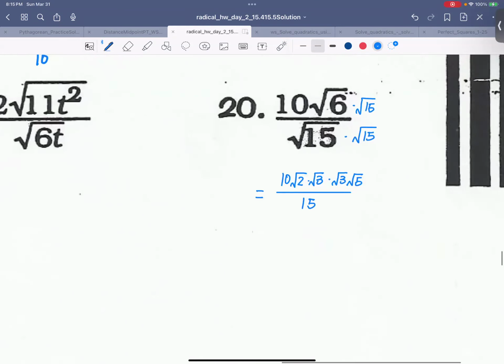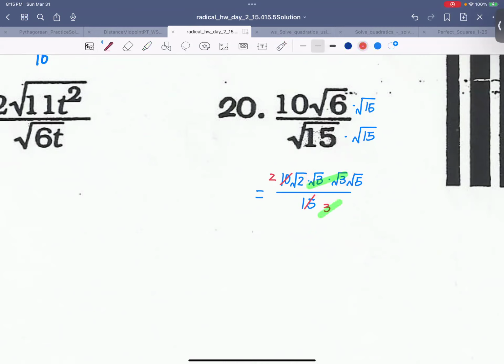And then this 10, look, 10 divided by 5 is 2. 15 divided by 5 is 3. And square root 3 times square root 3 is 3, so this will be cancelled again.